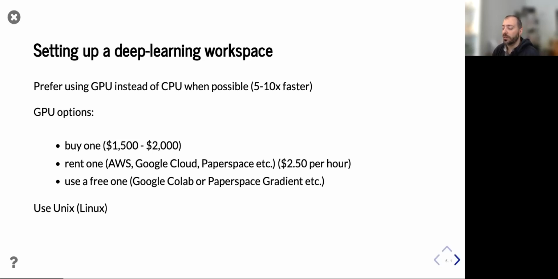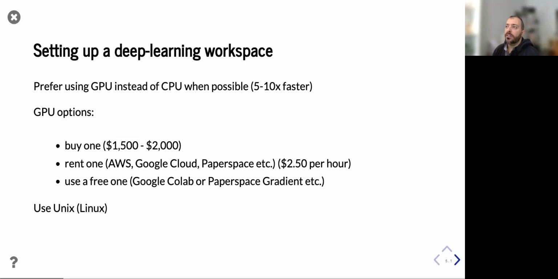The prices are not that high if you want to run an experiment for a few hours. And there is the option to use a free one, which is a very good option. We are lucky to have it. I was pretty lucky last year because I used Google Colab. We'll see Google Colab today. There is also Paperspace Gradient, so there are some free options. They provide GPUs where you can run your deep learning experiments.